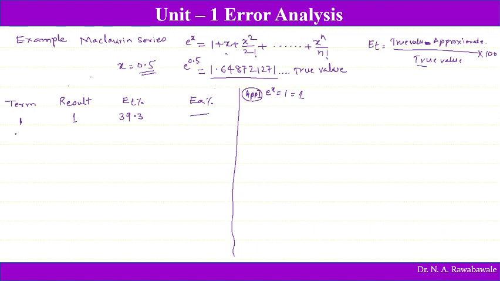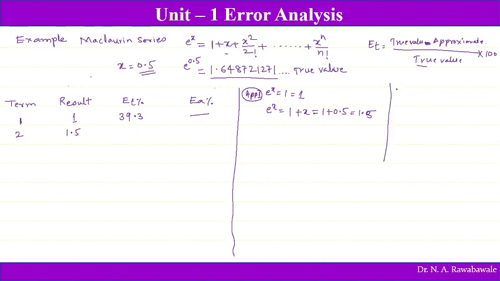Now we are going to keep two terms. Which are the two terms? e to the power of x is equal to 1 plus x. That is 1 plus the x value, 0.5. So the answer is 1.5. The result is 1.5. Now we find the true error.